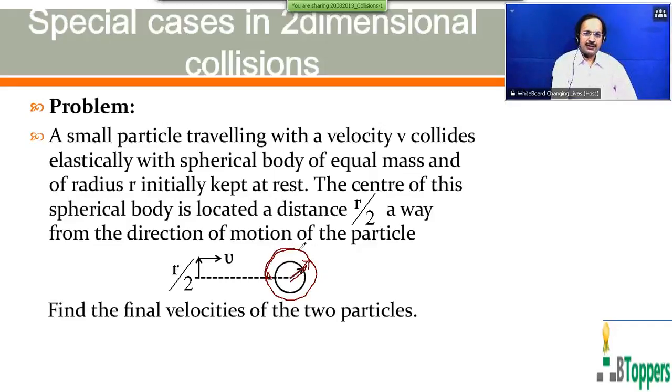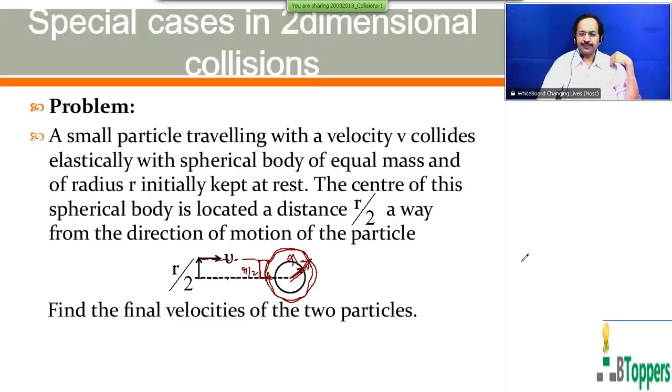Make the sphere larger than what I have shown in the diagram, so that the direction of the motion of the first particle, the small particle, is at a distance r by 2 from this reference line. So r by 2 should be less than r, is it right? So I try to show the diagram on the right side.